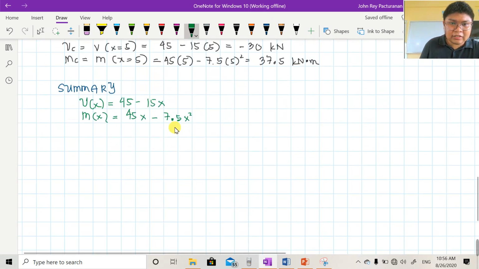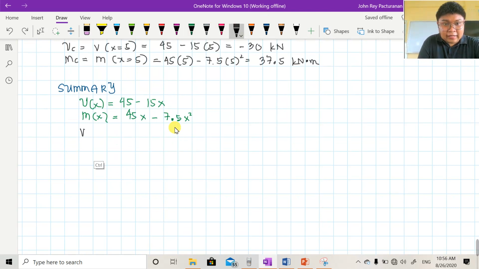So, we have the shear at x and the moment at x. On the other hand, the shear at A, we computed it as how much? 15 kilonewtons. The moment at A, we computed as 60 kilonewton meter.